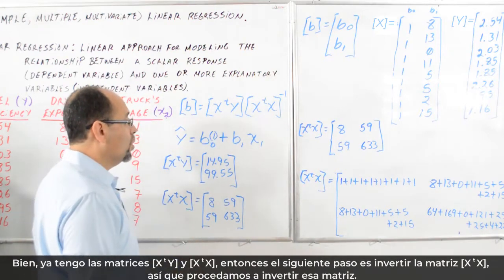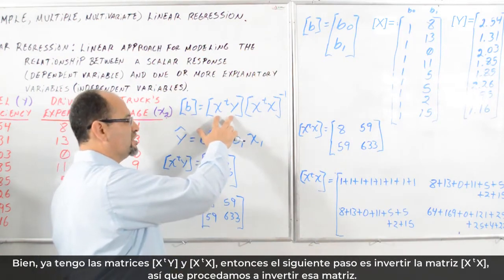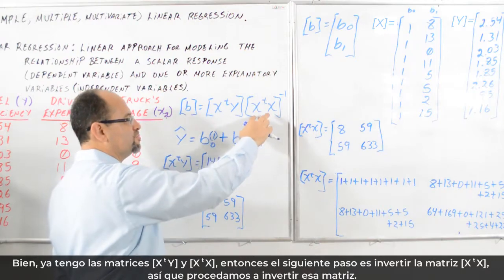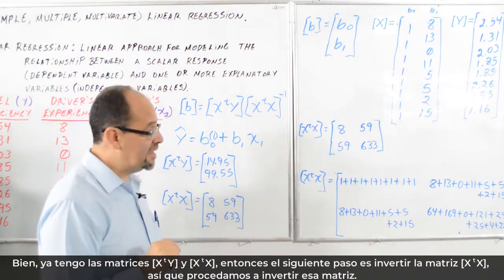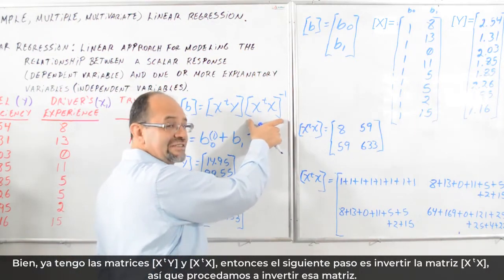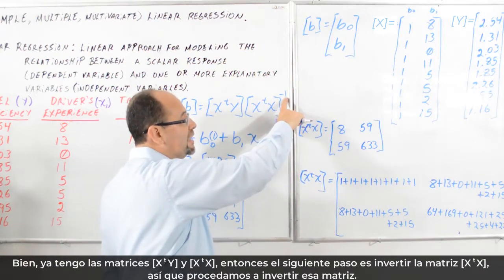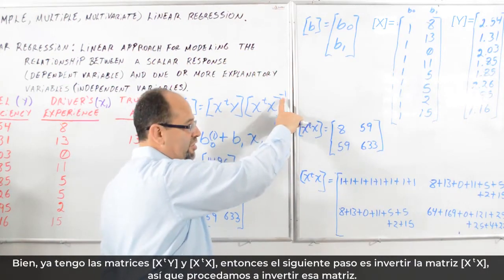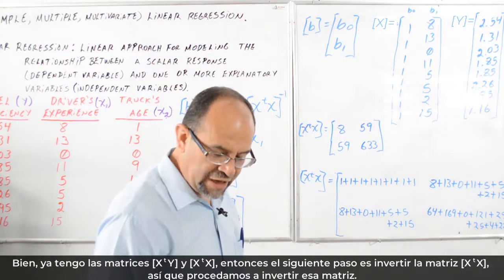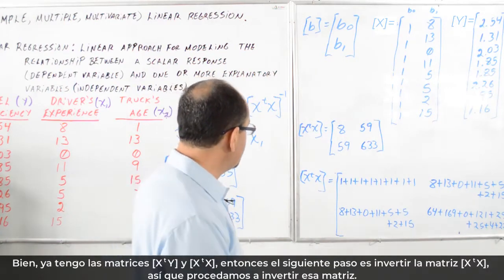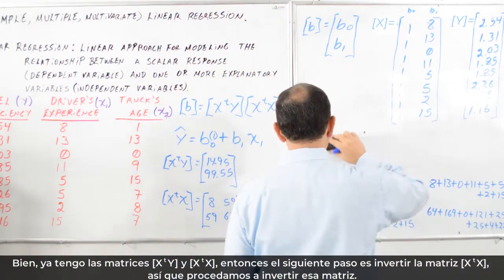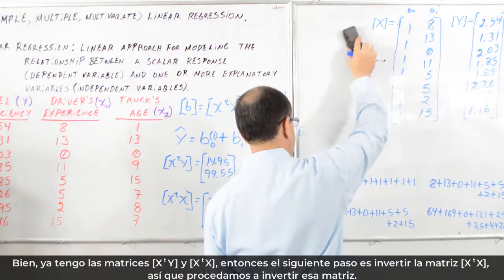Okay, well, I already have X transpose Y and X transpose X. But the next step is this second matrix, I have to invert that matrix. Well, let's proceed to do the inverse or inverting that matrix.